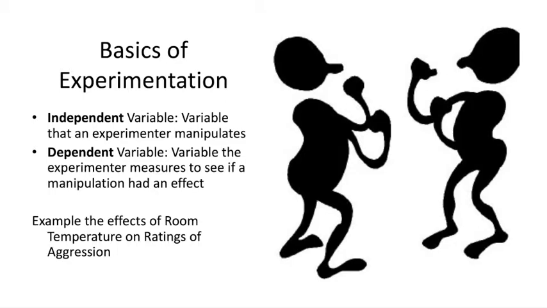Let's say I'm trying to figure out whether room temperature has anything to do with aggressive behaviors. Let's say I run an experiment and I operationally define what that means, which is to give a very concrete definition of what aggression is. I say aggression is anytime somebody does A, anytime somebody does B, anytime someone does C. And let's say I get a big representative sample from the population, and I assign them to 2 conditions.